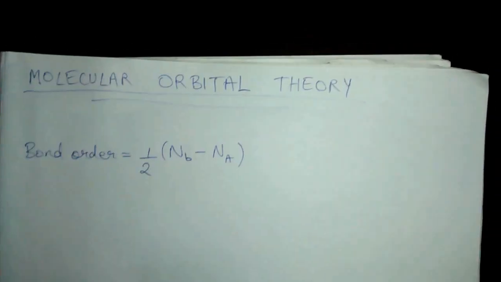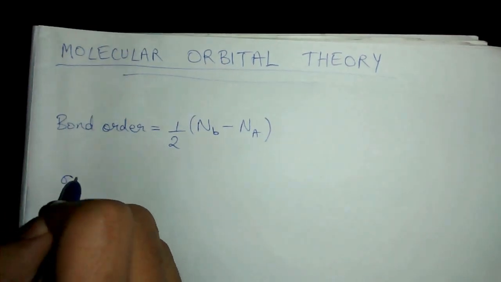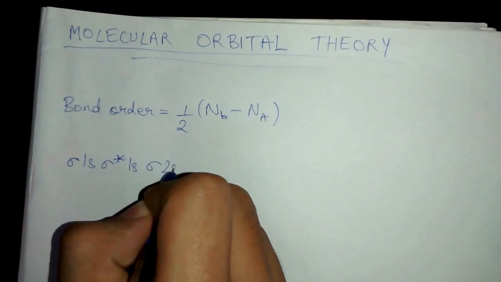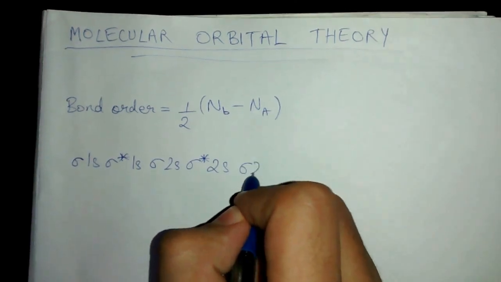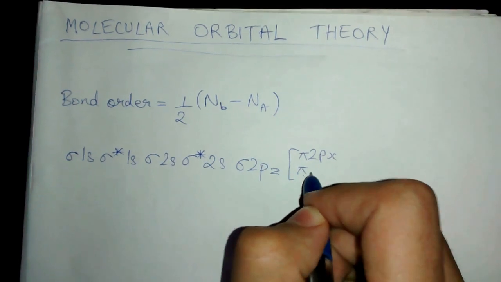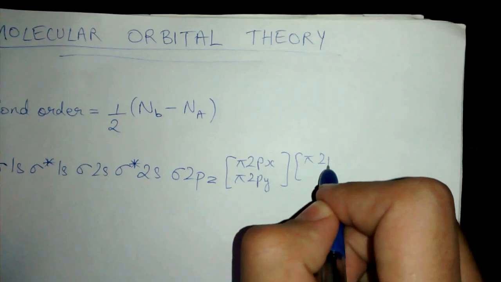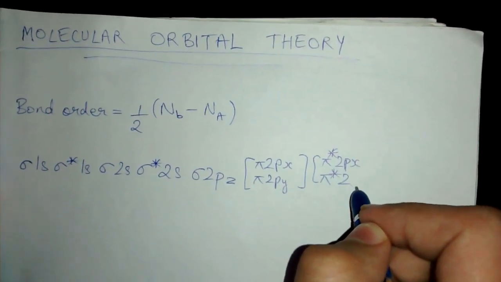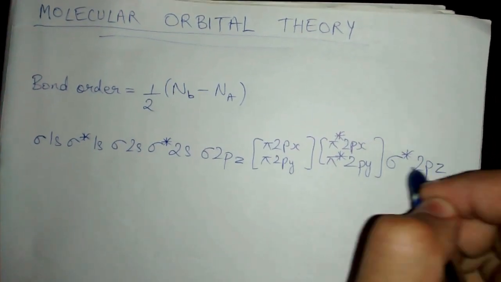Now for species having total electrons more than 14, the general electronic configuration is sigma 1s, sigma antibonding 1s, sigma 2s, sigma antibonding 2s, sigma 2pz, pi 2px, pi 2py, pi antibonding 2px, pi antibonding 2py, and sigma antibonding 2pz.